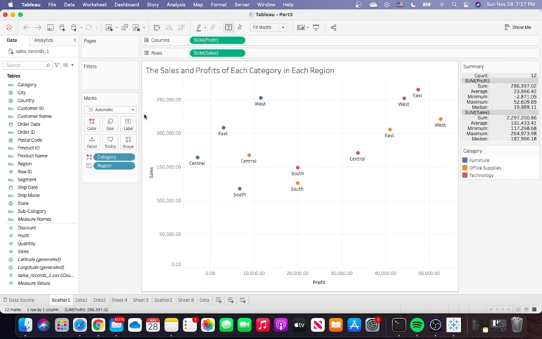For sales, east is the region with the biggest number, about $200,000 under the technology category. This differs from the south region, which has the smallest number, only about $117,000 within the furniture category.